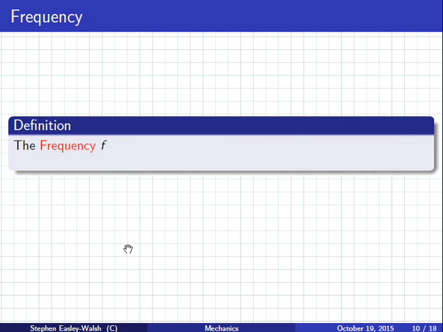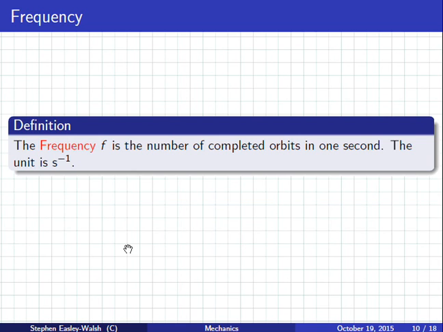The frequency f is the number of orbits in 1 second, and the units are per second. This is where we can use our new unit. So if I say f equals 2, that means in 1 second, it can go twice.